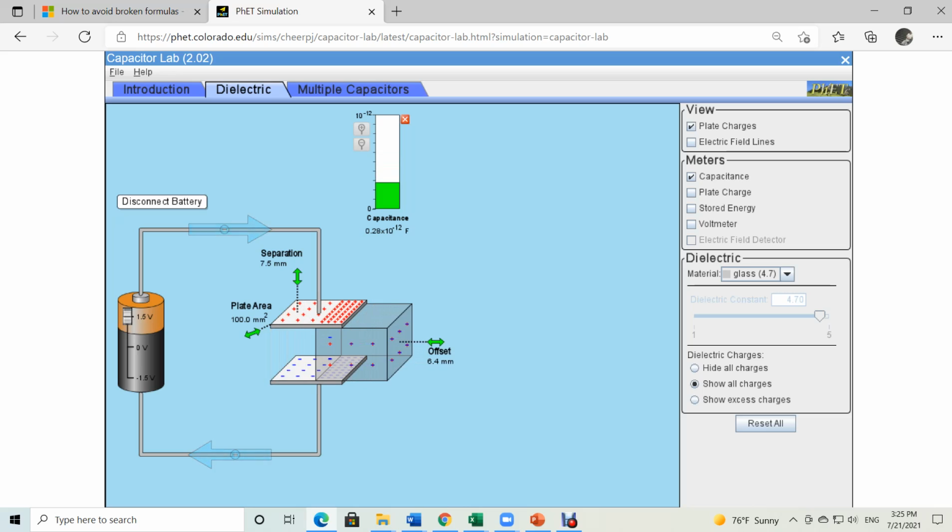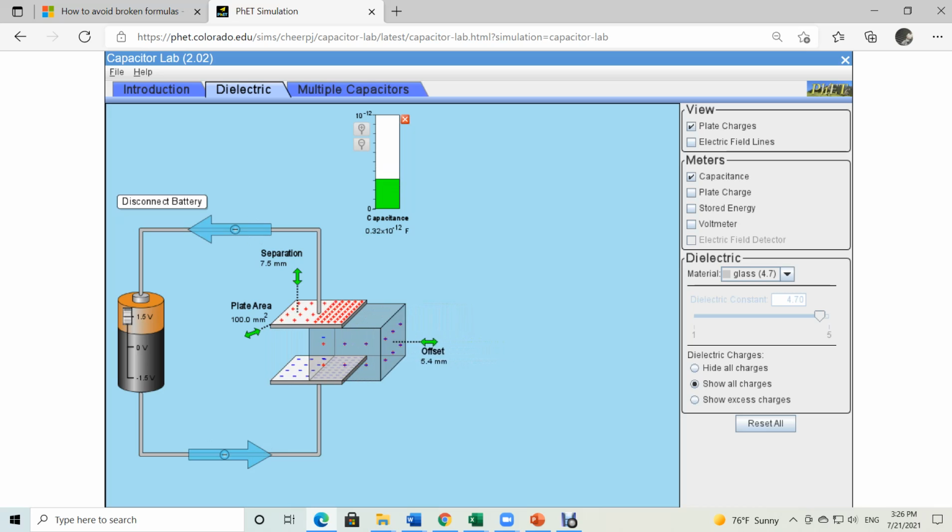If I keep the capacitor partially filled with the dielectric material, the capacitance changes. Do you see that? And it even has the offset value of the dielectric material. Okay? So keep that in mind.